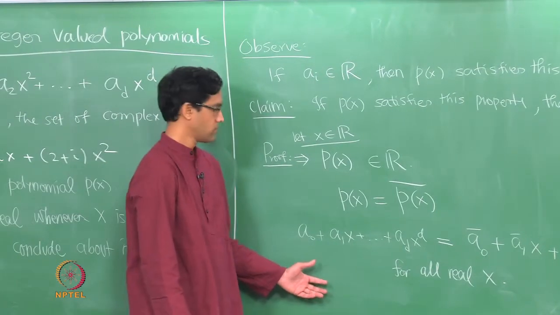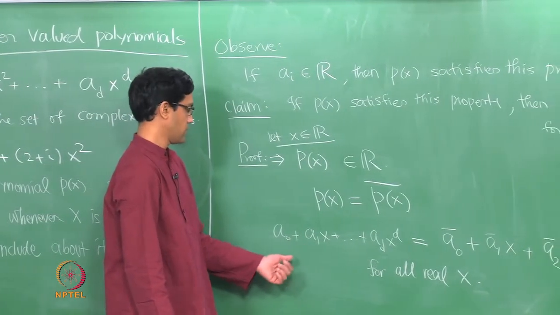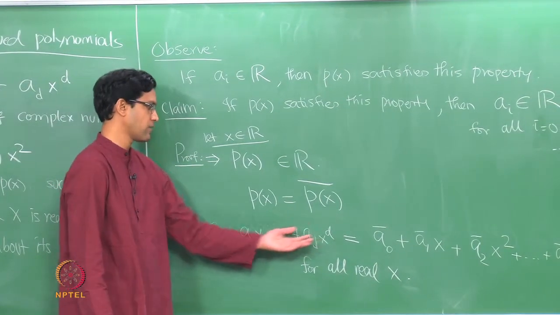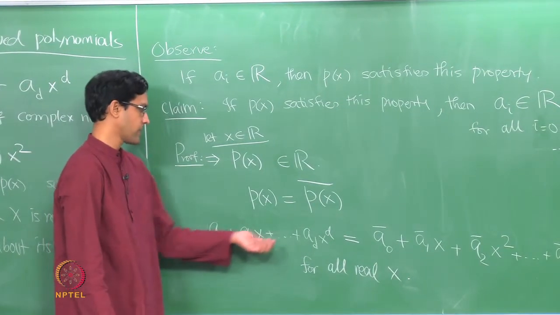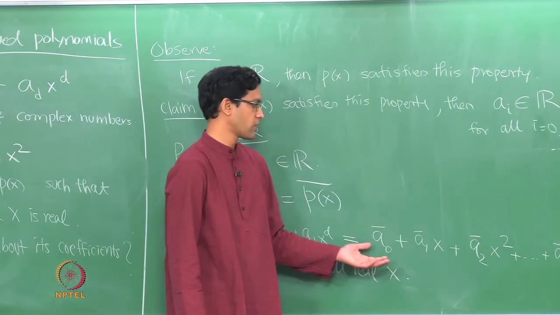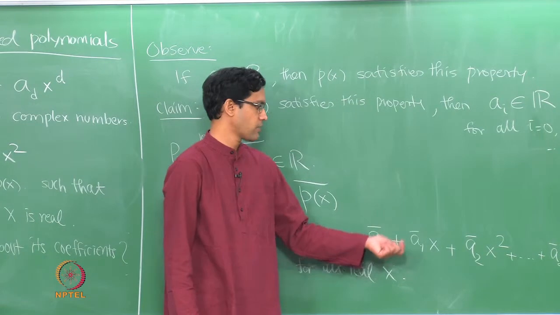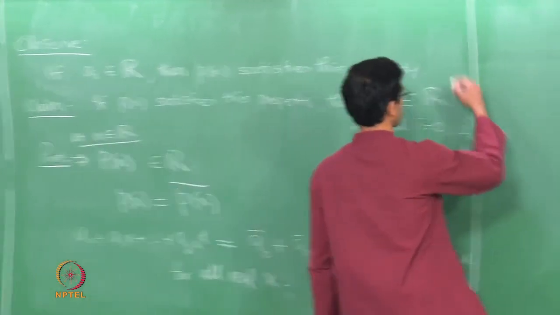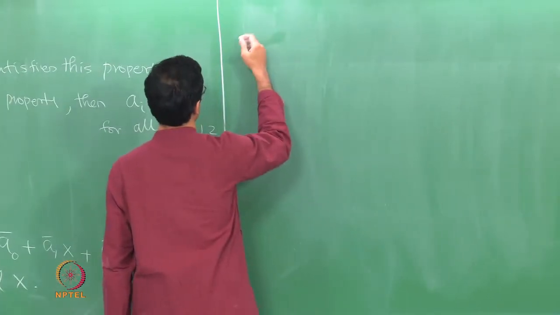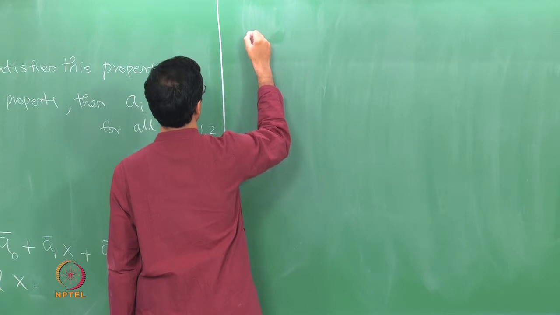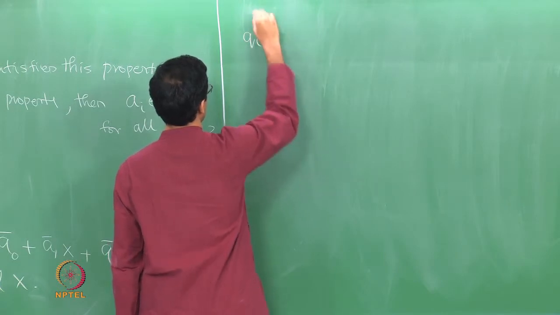Okay, but now observe that the left hand side you can think of as a polynomial of degree d, a0 plus a1x plus ... plus adx^d. The right hand side is another polynomial of degree d, which is a0 bar plus a1 bar x plus a2 bar x squared and so on, right. So let us call that another polynomial, q of x.